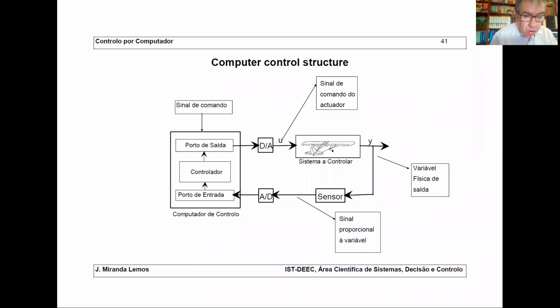And what you want to do is to design a controller, which is nothing more than an algorithm that reads data from the input port of the computer connected to the AD converter and to the sensors that measure plant data. And this algorithm computes the value of the manipulated variables that you write at the output port, which is connected to the DA converter, and yields the command signals for the actuators. So the valves or the ailerons or whatever the actuators might be.